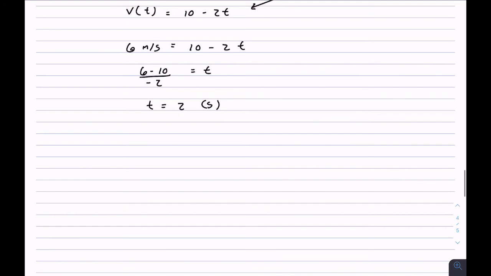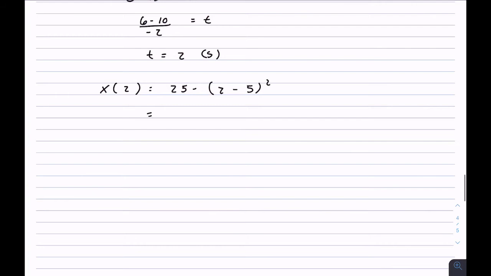Okay, so now we just plug that into our function x. We're looking for the position. X of 2 seconds is equal to 25 minus 2 minus 5 all squared, right? That gives us 25 minus negative 3 all squared. That's equal to 25 minus, oops, that's squared.